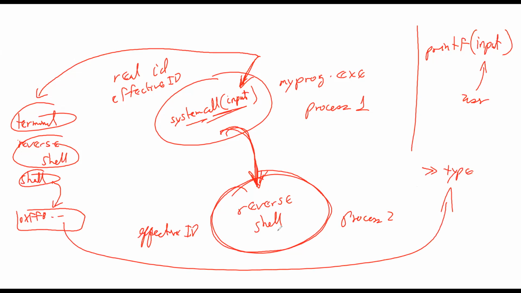Now you might be comforted in saying, okay, I can get a reverse shell, but bash will make sure that the effective ID will be 1000. So in essence, you'll get a reverse shell, but it's still your user. But in fact, next week, the additional thing we'll learn is that we can bypass bash. And so in essence, you could get a terminal with the root privilege.